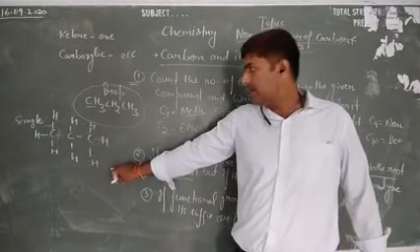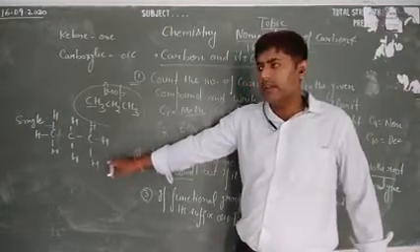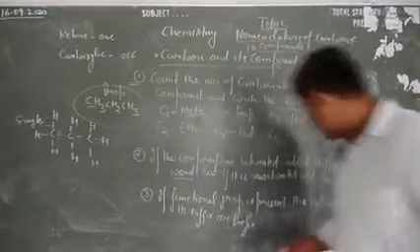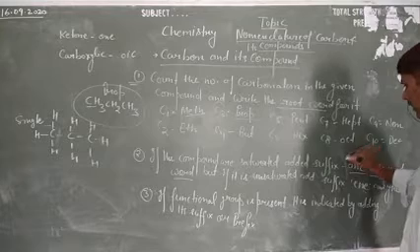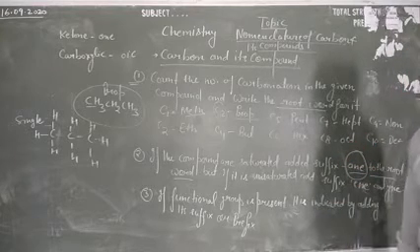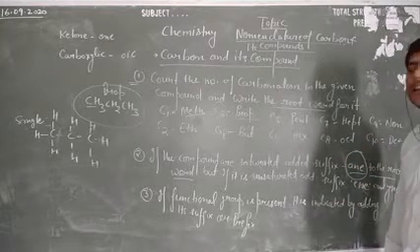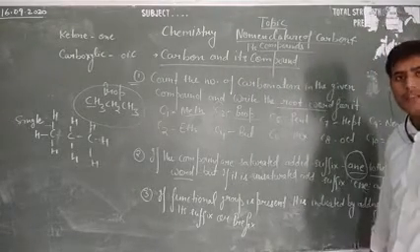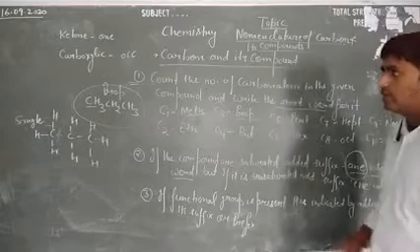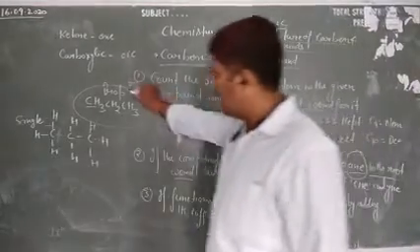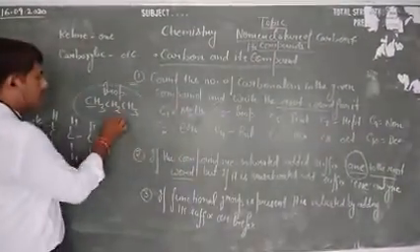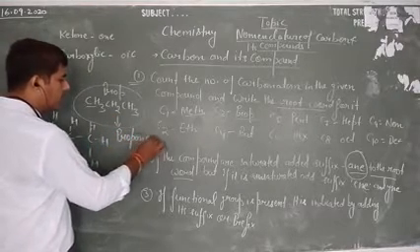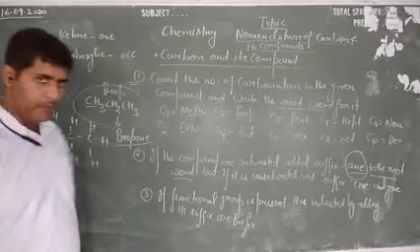There is no double bond present. So what do you observe here? We added the ane. Now when we added the ane, what is the name? This is the name propane.